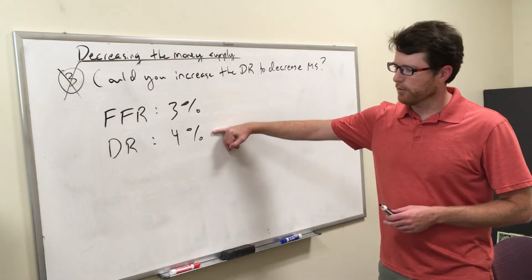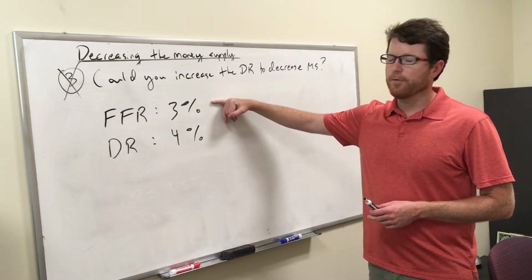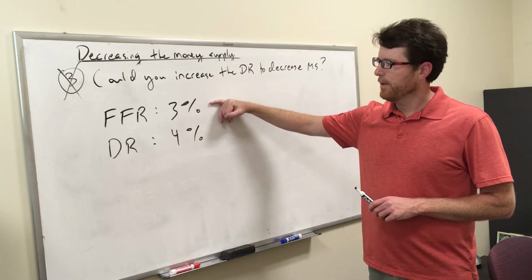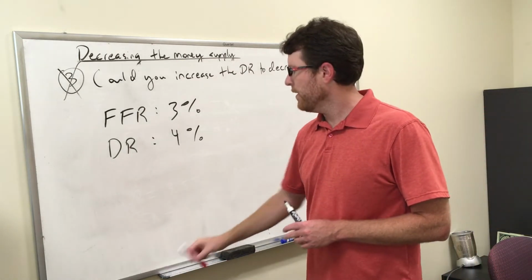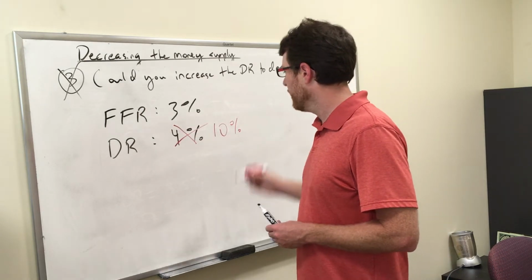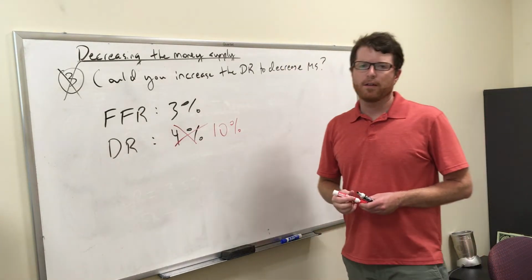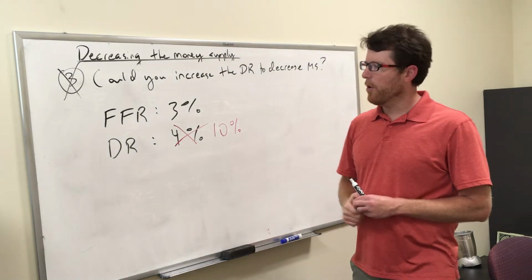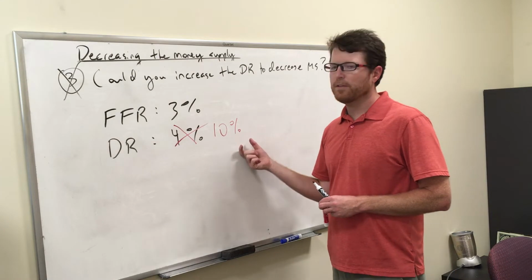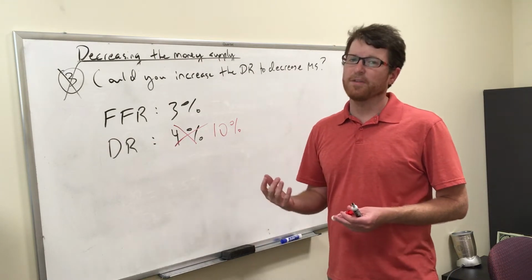Remember, the discount rate is the rate the Fed charges, and the federal funds rate is the rate the banks charge each other, which can be manipulated by the Fed. If the Fed went in and it raised this discount rate to 10%, that would do nothing. The banks are already borrowing from other banks initially, so if the Fed increases the discount rate to 10%, it's not really going to do much of anything.